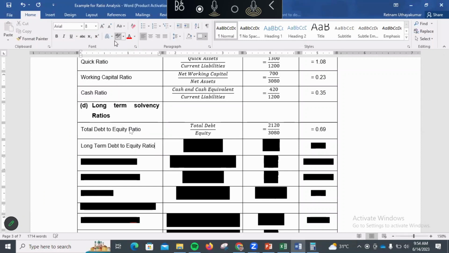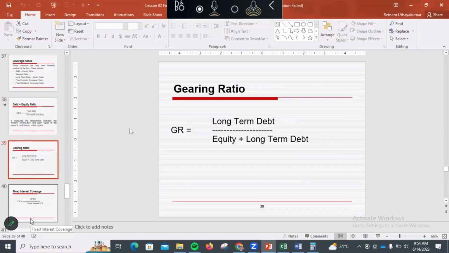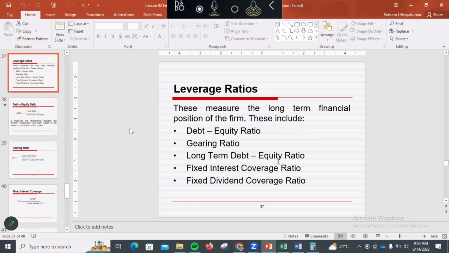So the next question is the long-term debt to equity. This is the total debt to equity, and one is the long-term debt to equity. It's not here, so you can take it. Long-term debt to equity ratio.